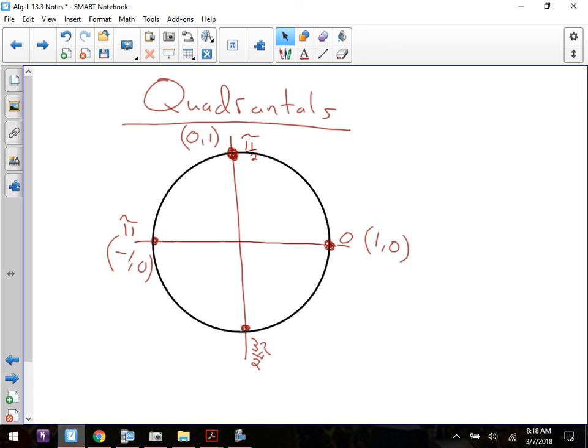And then down here you're at, what's the cosine of 0? 1. What's the sine of 0? What's it? Go back. Ordered pairs. Your x value is cosine, your y value is sine. What's your cosine of 0?